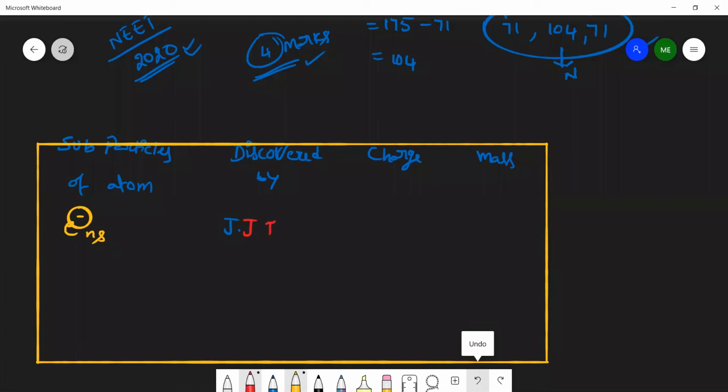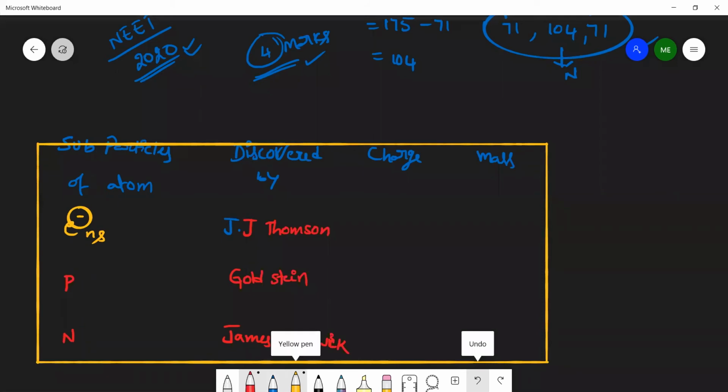Then the proton: who discovered it? Goldstein. The scientist name is Goldstein. Neutron: who discovered it? James Chadwick found the neutron.